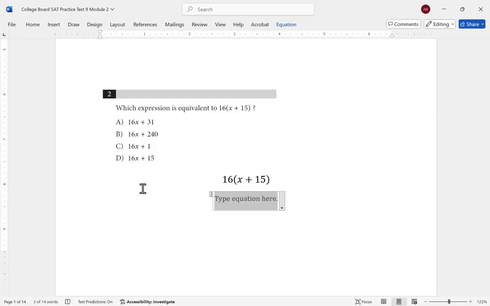So 16 times x would be 16x. 16 times 15 becomes 240. Therefore, the final answer is 16x plus 240. That is answer B. So B is the answer to question number 2.